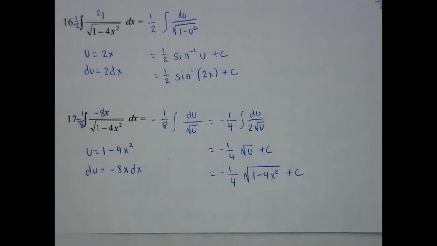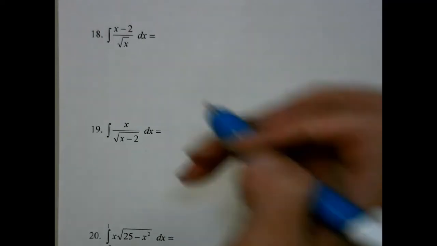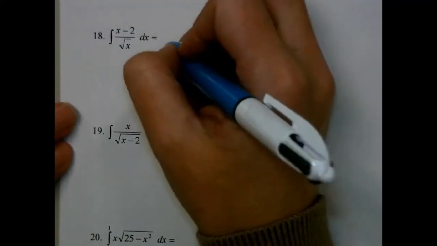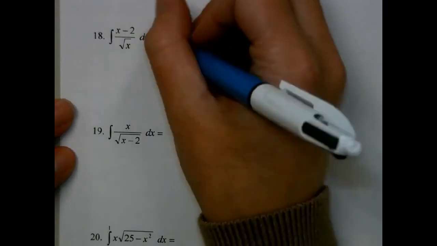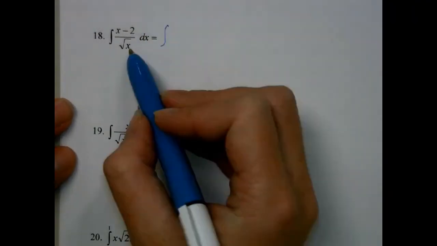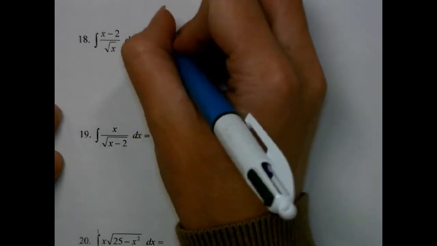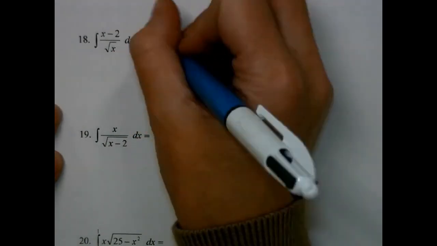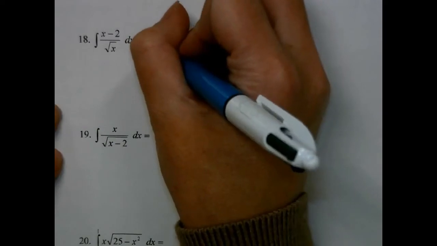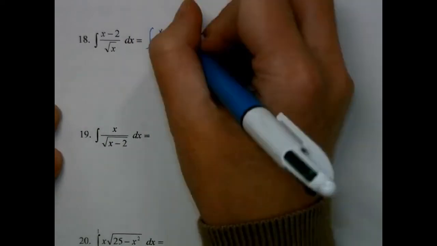Okay, these next couple, again, look similar. This one I can split up into 2 integrals because we just have a single thing in the denominator. So I can make this x over the square root of x, which I'm going to write as x to the 1/2, minus 2 over root x.